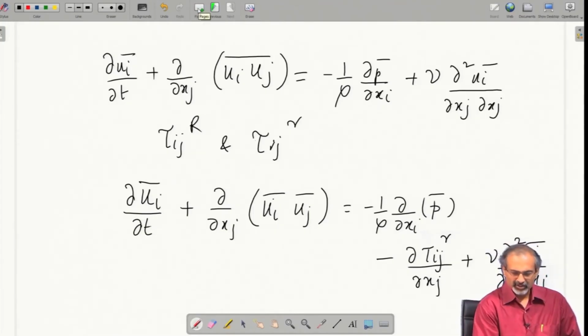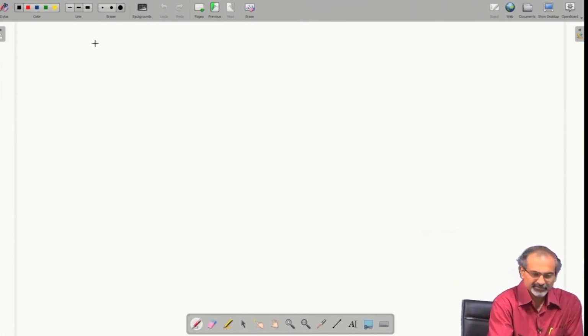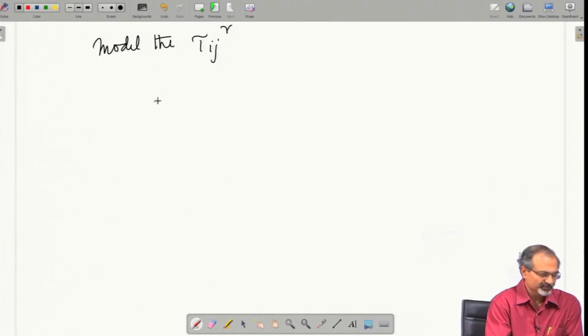Now, in order to solve this equation, we model the anisotropic residual stress tensor, model the tau ij small r.